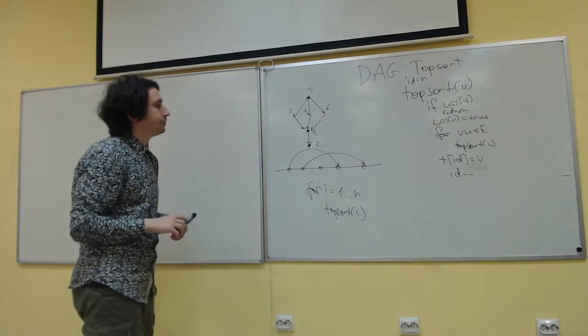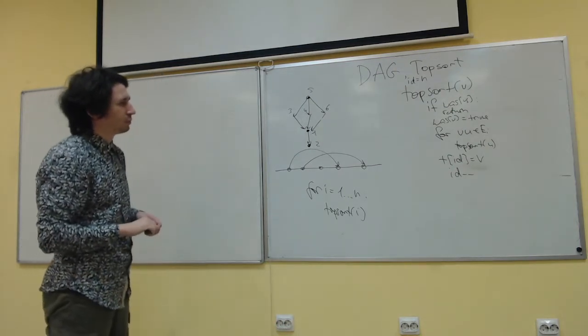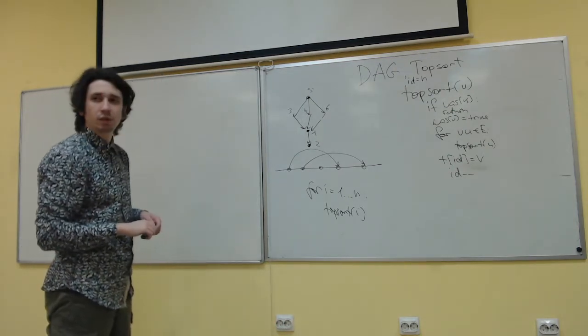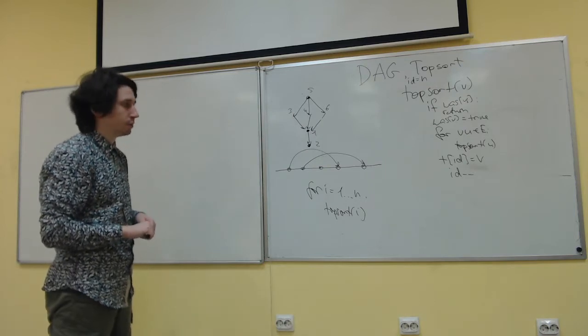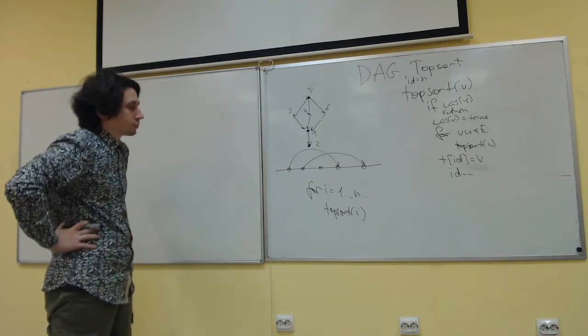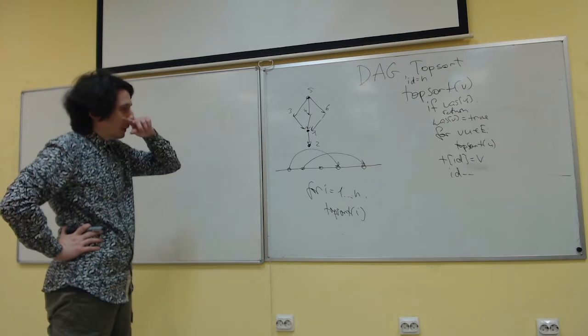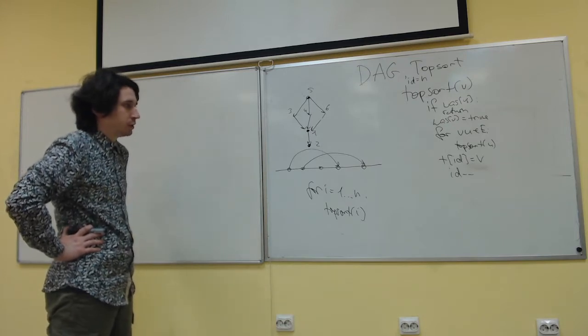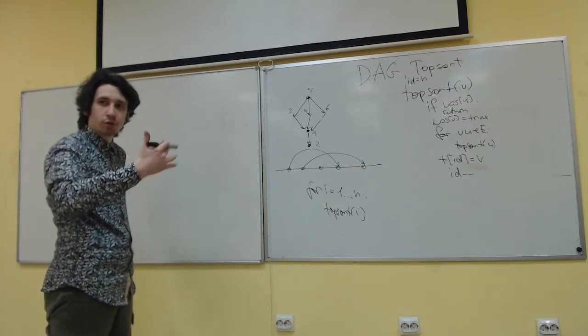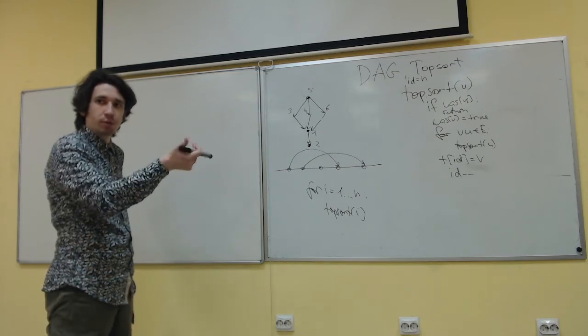But the ID equals n is global. It's global, yeah. Or you can use a vector where you put to the back and then you reverse it.